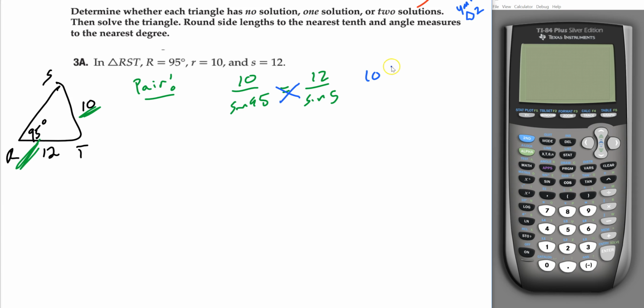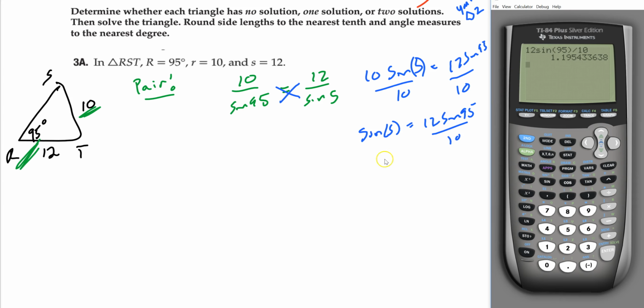I'm going to get 10 sine of s equals 12 sine of 95. I'm trying to solve for sine of s, so let's divide by 10. I get sine of s equals 12 sine of 95 over 10. I'm going to plug that all into my calculator.